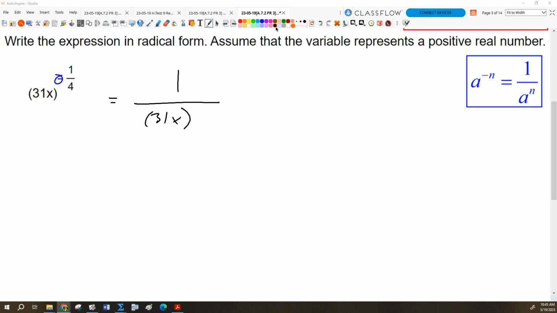You see why I want to say the quantity now? Because it means it's grouped, right? The quantity 31x, so that one packet of stuff, what am I doing with it? To the what? To the 1/4, exactly, to the positive 1/4. So then now all we've got to do is just write that bottom stuff with a radical. That's no big deal. So I get 1 over what?